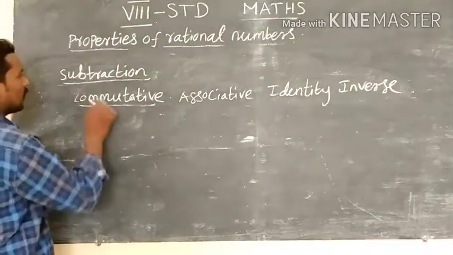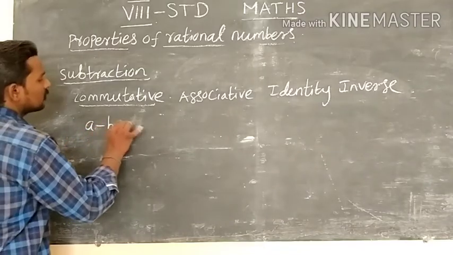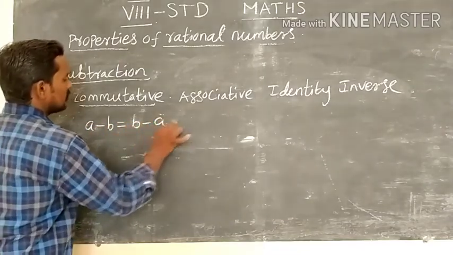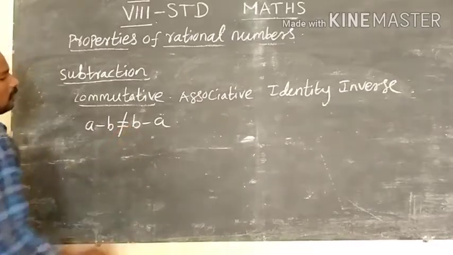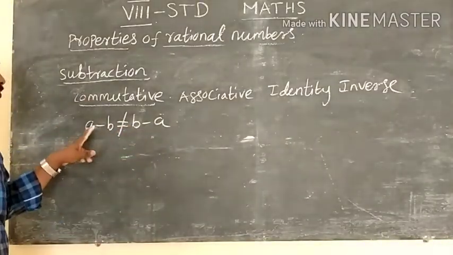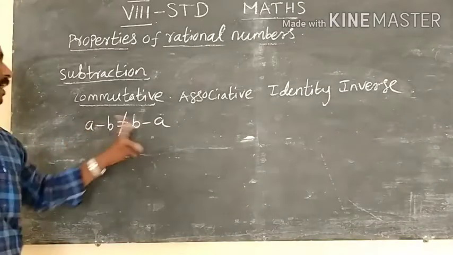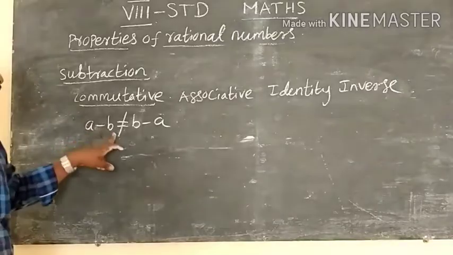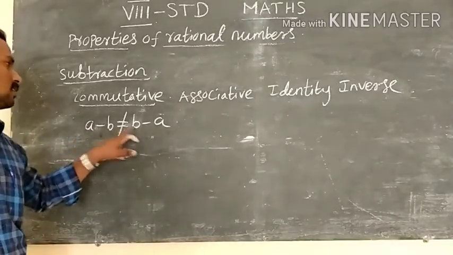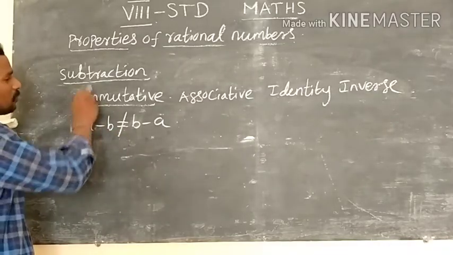So the commutative property under subtraction: a minus b is not equal to b minus a. Okay, you have to check. This is your homework. Select any rational numbers for a and b, and check the condition. First subtract a minus b and b minus a. This is not equivalent. So the commutative property fails under subtraction.